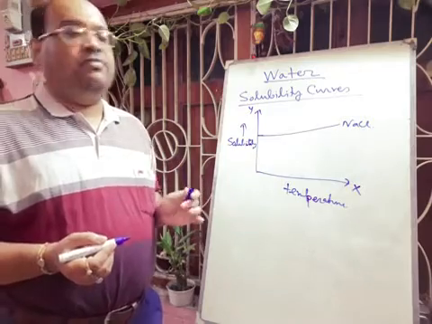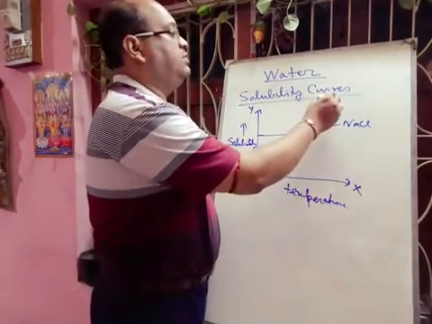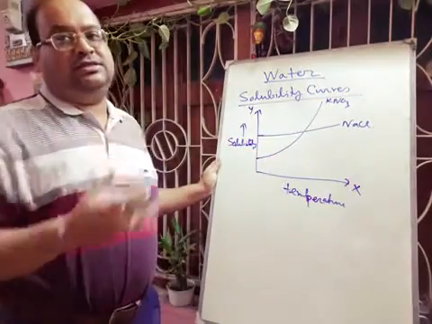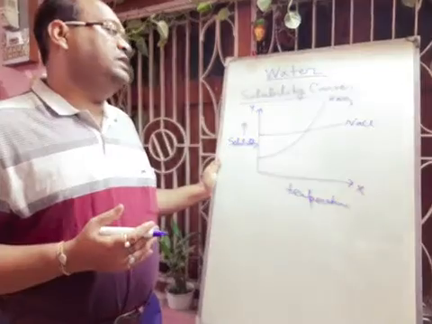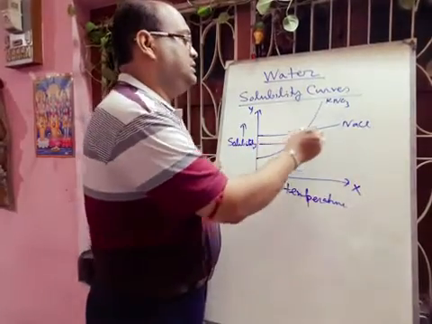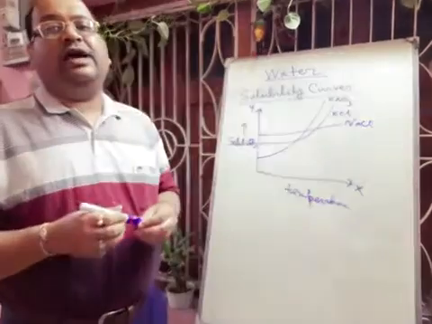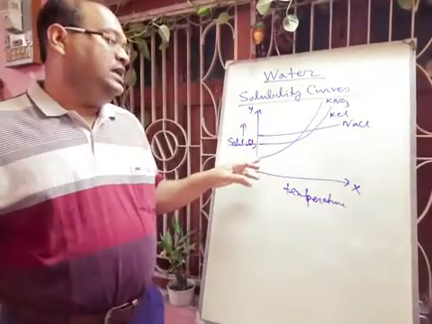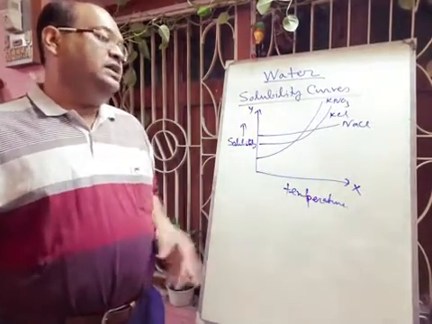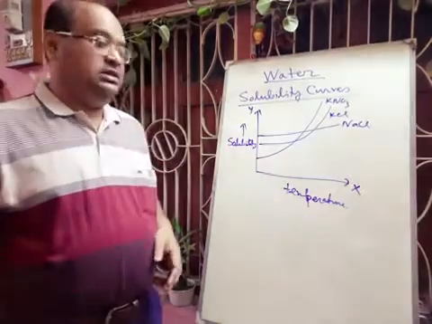But there is a large increase in solubility if we draw the solubility curve of potassium nitrate. Potassium nitrate will be like this. So here there is a sharp rise. We can think about potassium chloride also, which will be like this. So in the case of potassium chloride, potassium nitrate, and lead nitrate, if we increase the temperature, the solubility increases.